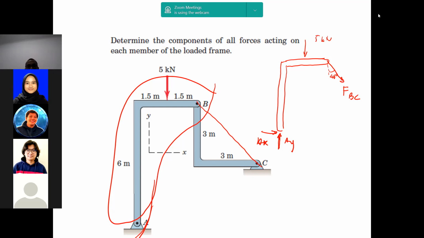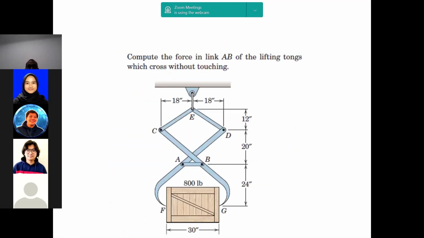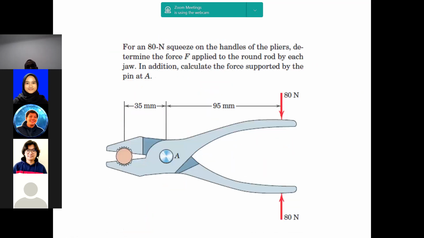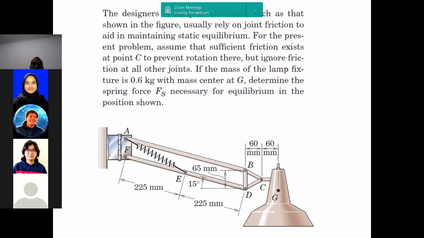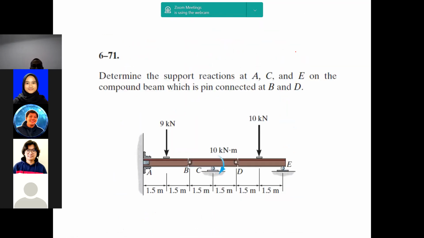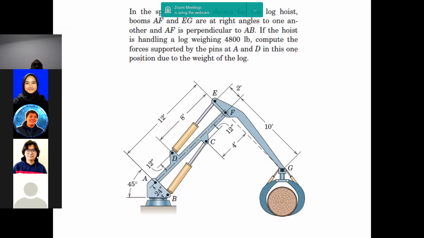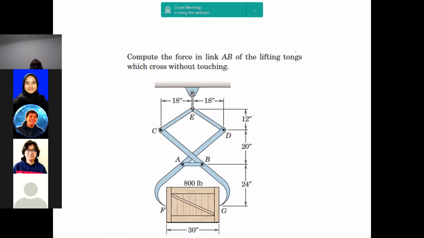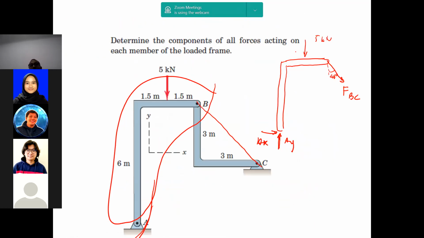This one we already tried to solve just now. This one will be your homework. Some of it will be part of your homework, but I will discuss some of it.